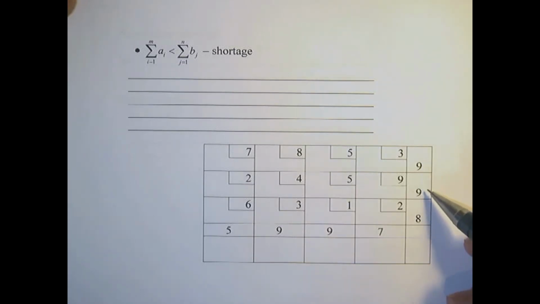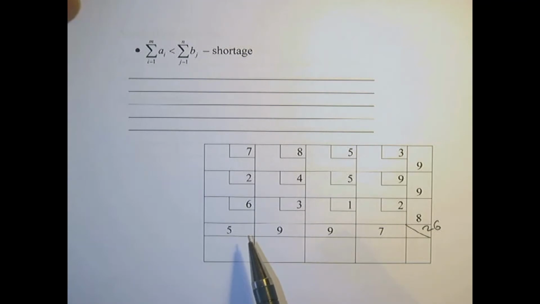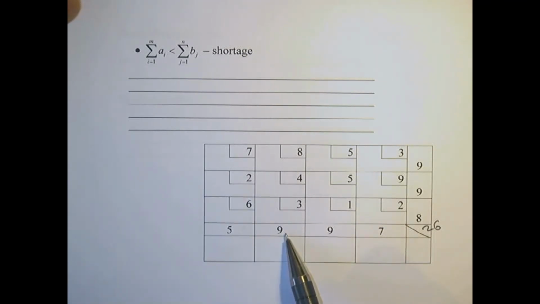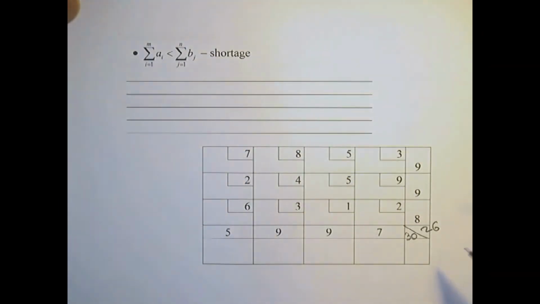So 9 plus 9 is 18, plus 8 is 26. And the demands are the following: 5 plus 9 is 14, plus 9 is 23, plus 7 is 30. And as we can see, it is the shortage case, so we produce less than our customers need.